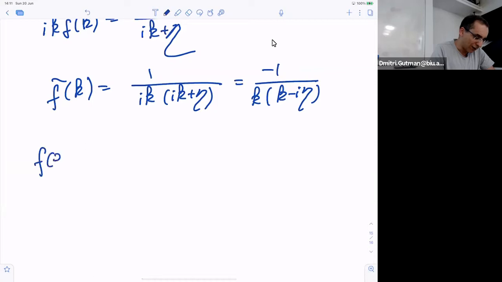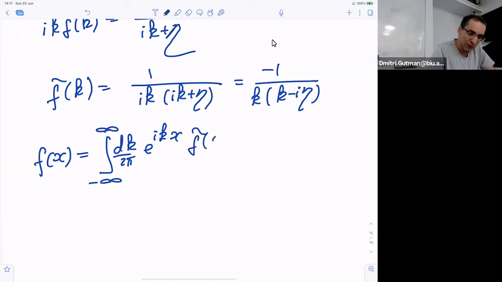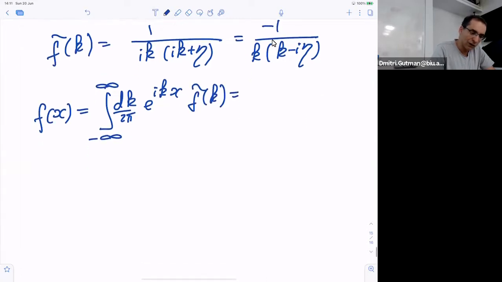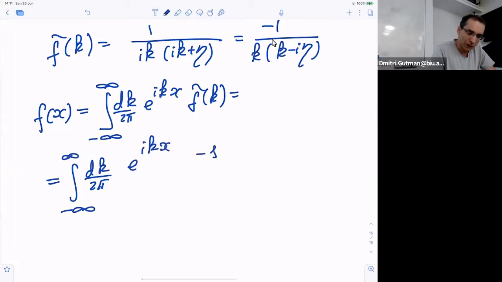So f of x is an integral dk over 2 pi e to the ikx, where k runs from minus infinity to infinity, of f tilde of k. Now we just plug it in: dk over 2 pi, minus infinity to infinity, e to the ikx, all this is very good, 1 over k times k minus i eta.